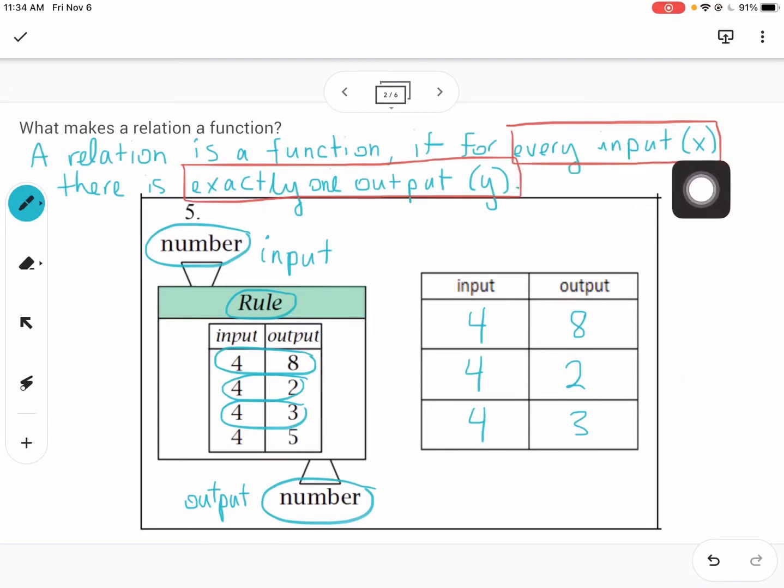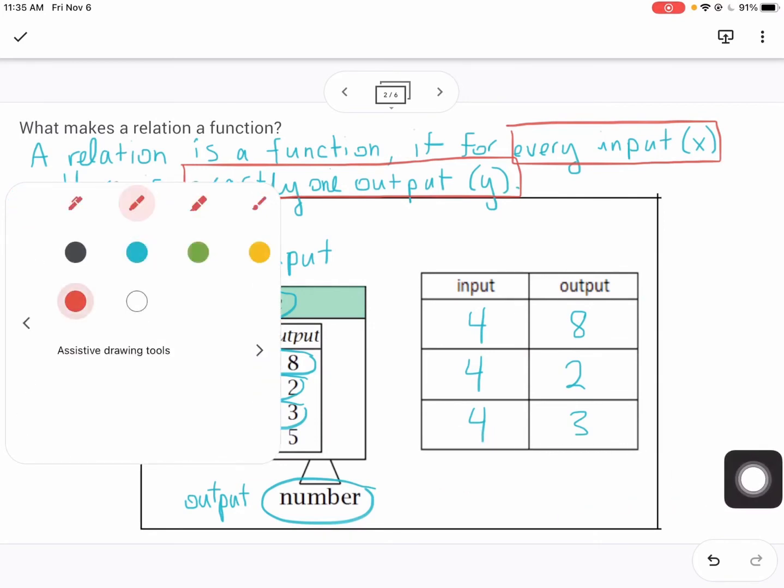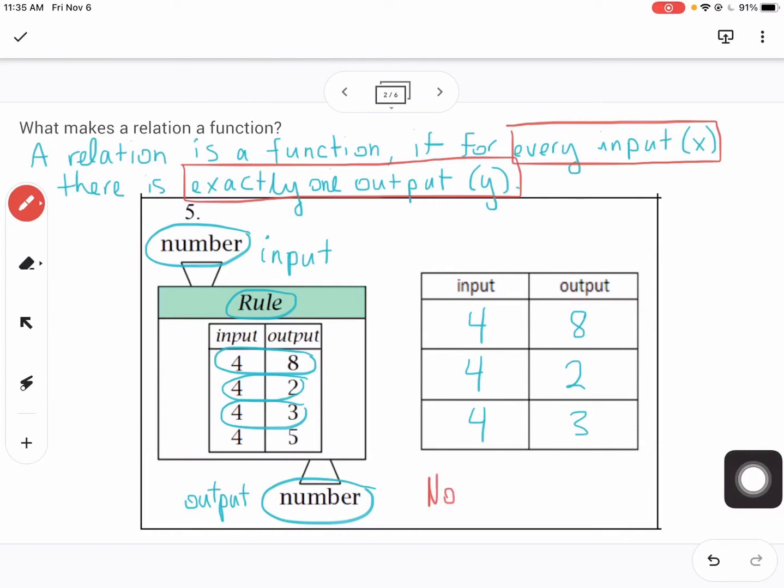So I'm inputting the same number each time, 4, 4, 4, but I'm not getting exactly one output. The first time I put in 4, I get 8. The next time, I get 2. The next time, I get 3. So my input 4 does not have exactly one output y. So this is not a function.